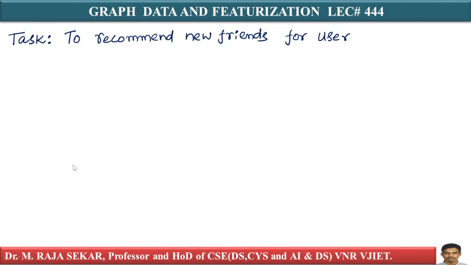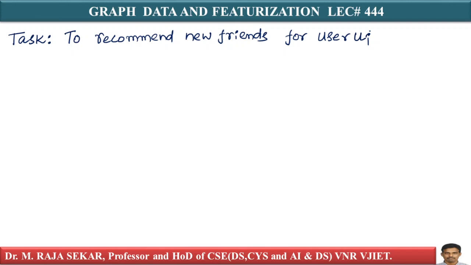Given a user UI, our task is to recommend friends for user UI. How do we do it? This is the machine learning problem, the business problem that we want to solve.